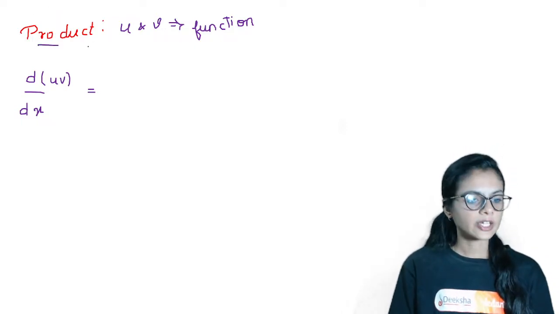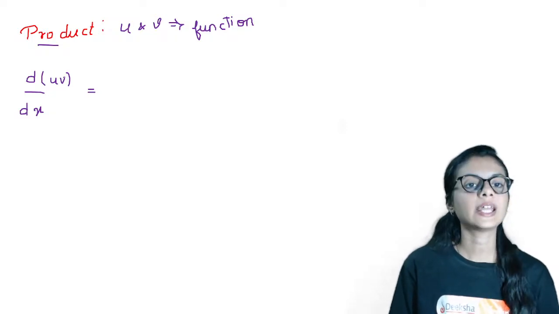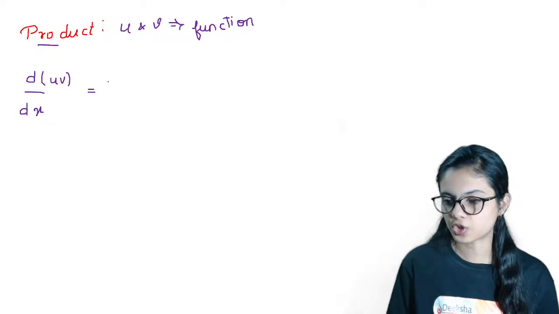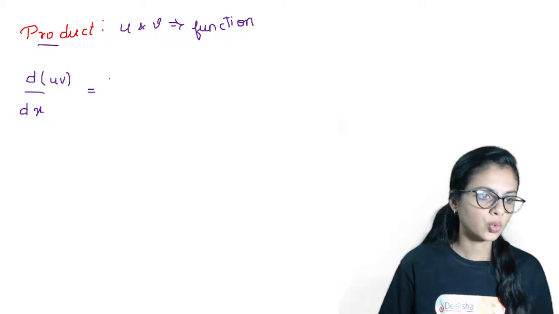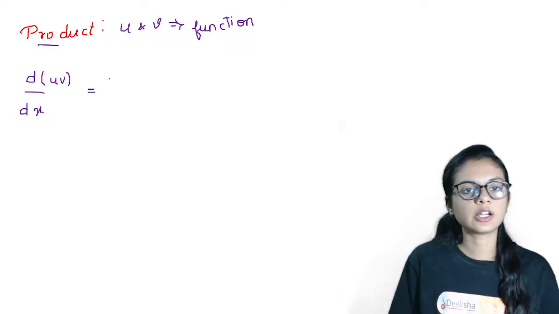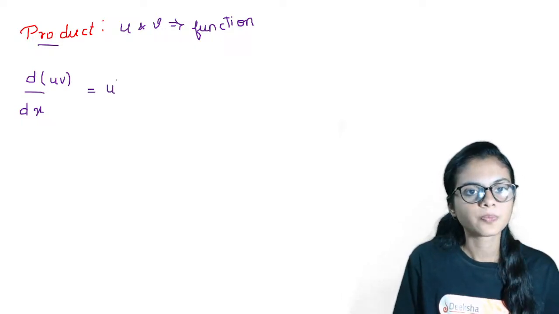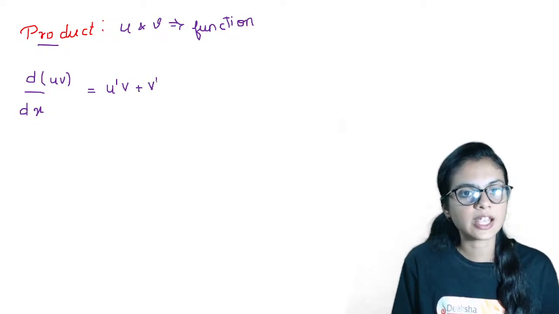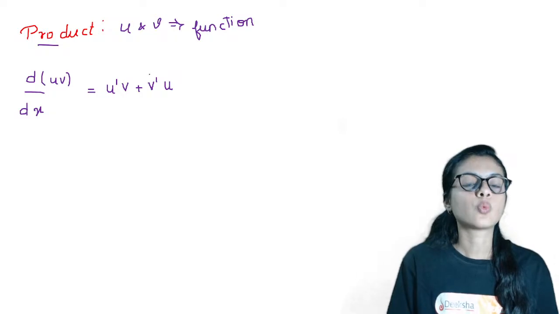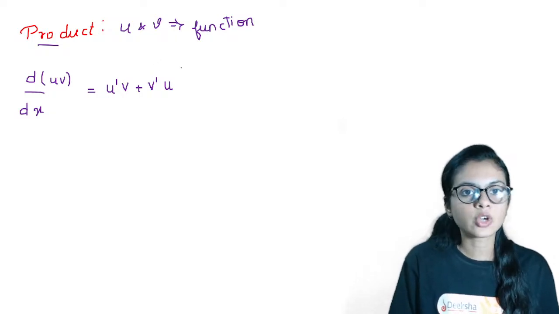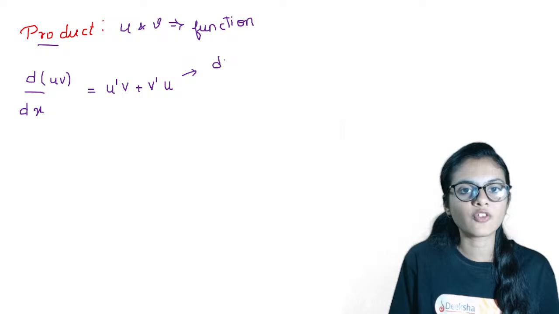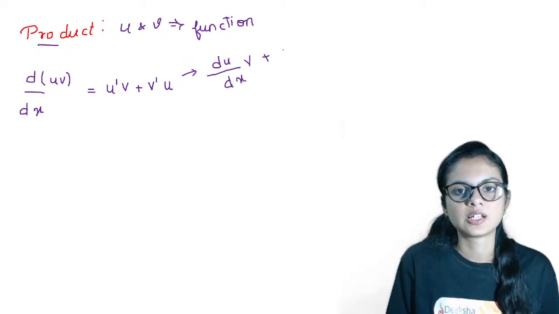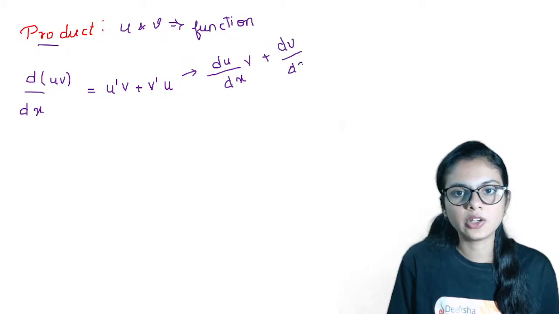See, if there is a product, u into v, then how to solve it? The best formula to remember this is: the first function, which is u, write the differentiation of first function into v plus the differentiation of second function into u. I could have also written it in the form of du by dx into v plus dv by dx into u.